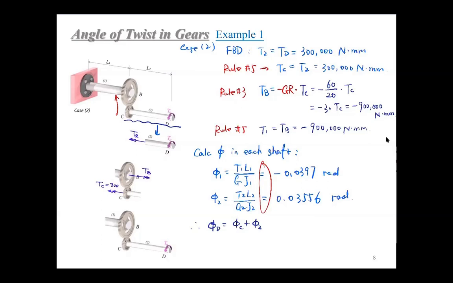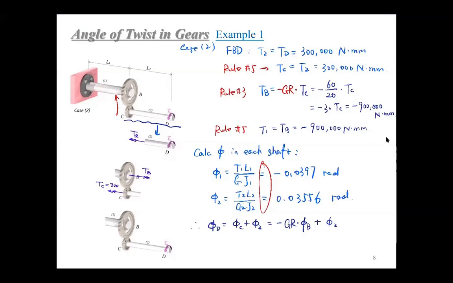And what is phi c? Phi c is negative gear ratio times phi b, plus phi 2. So here we are getting another gear ratio, but is this gear ratio 3 or 1/3?